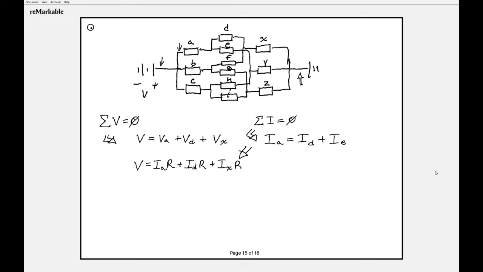And then realizing that since we know that A, D, and X will all have the same resistance, R, that was part of the problem setup, we can just write down that the voltage drop is going to be, using Ohm's law, the current and the resistance, just the product.